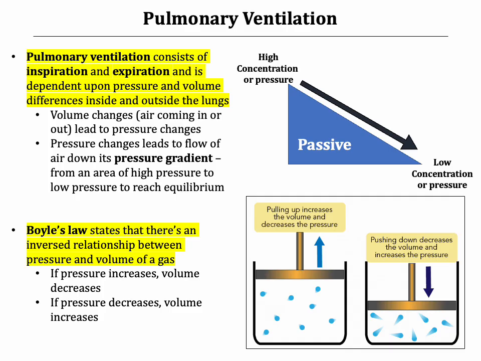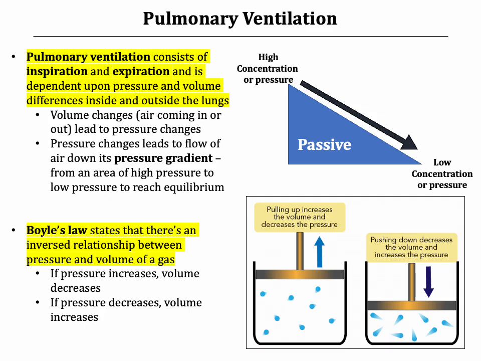So when we talk about pulmonary ventilation, the ventilation part is like the movement in and out of the lungs, inspiration and expiration. So we use ventilation for that. When we say respiration, we're more talking about gas exchange. Okay, so ventilation being inspiration and expiration. It has all to do with the difference between pressure and volumes between the inside and the outside of the lungs.